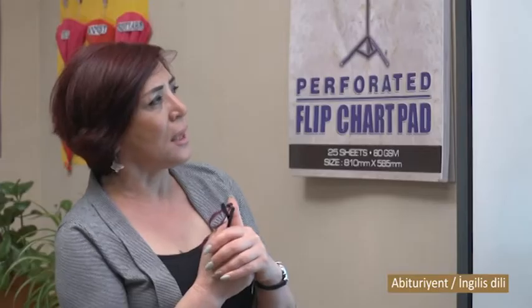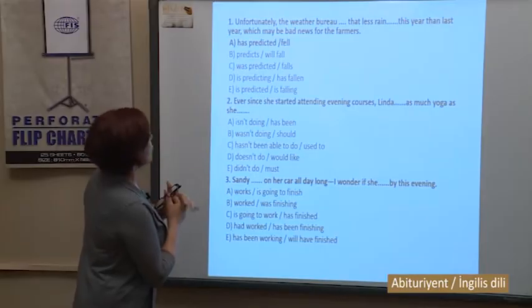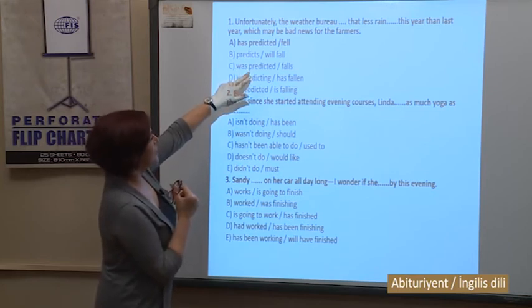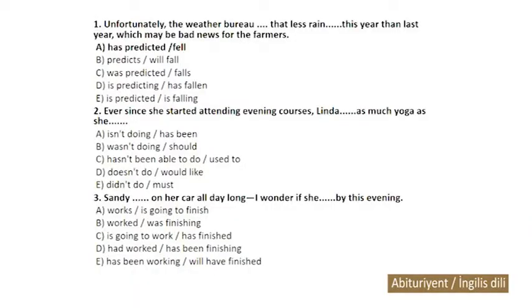Our okay answer. Now let us see if B answer is okay answer. The Weather Bureau predicts that less rain will fall. If it is prediction, predictions are mainly used with future because they give the prognosis about the future.